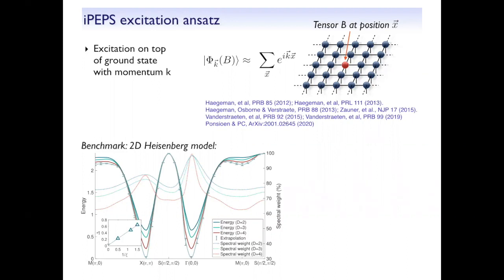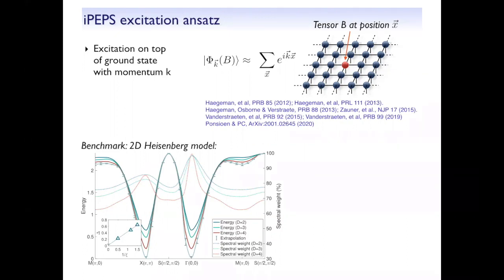So the question is about thermodynamics of iPEPS, how it works. Exactly. So the main idea for ground state is to represent the wave function as a trace of a product of tensors. And now you can do the same thing for a thermal density operator. So you decompose the thermal density operator again as a product of tensors.